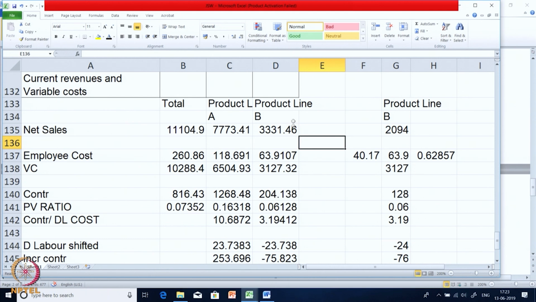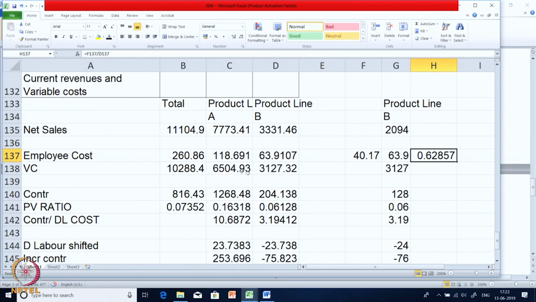See, this was the original scenario. Now product line B is facing a reduction in sales, so from 3331 it becomes 2094. In the same proportion, all of their variable cost will also come down. You can see here there is a reduction in the labor available to them from 63 to 40, which is in the ratio of 0.62.